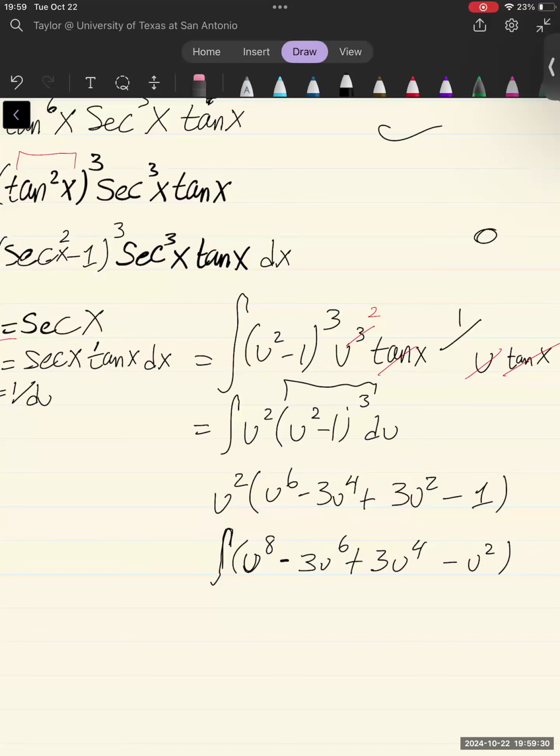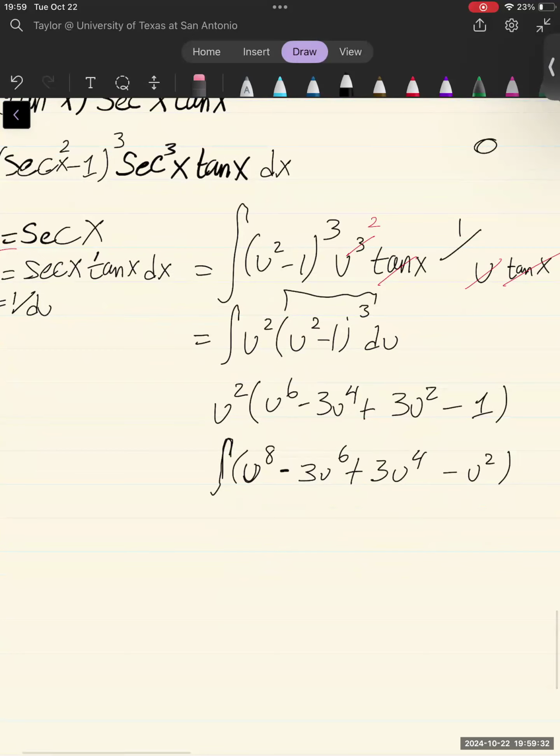Yep, sounds good. Cool. All right, and now from here, it's just standard integration. So I'm gonna get u to the 9th over 9 minus 3 over 7 u to the 7th plus 3 over 5 u to the 5th minus 1 over 3 u cubed.